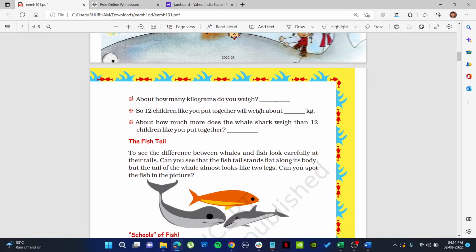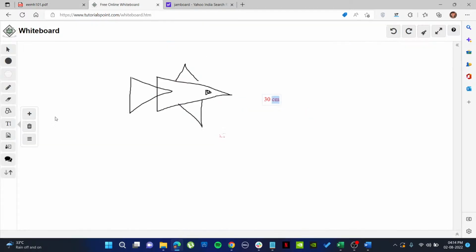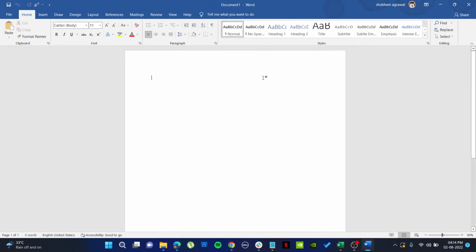So if we have to write down your weight, we can say that it could be around, let's use 30 kilogram. Okay. Yes.